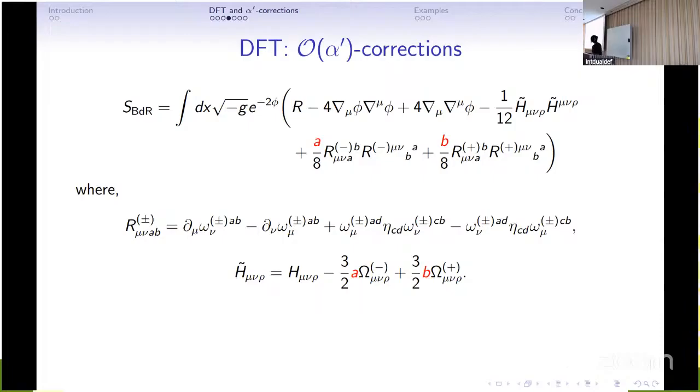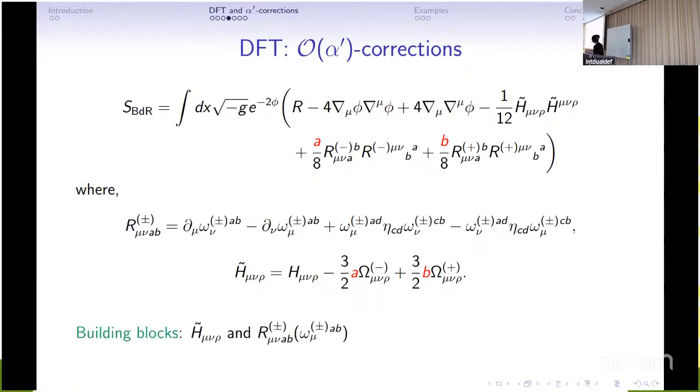All right, so now let's keep this action in mind, where once again, we have the usual torsion for Riemann curvature and the H tilde that I was just talking about. This is the usual H, the 3-form, and we have A's and B's once again sitting in there.